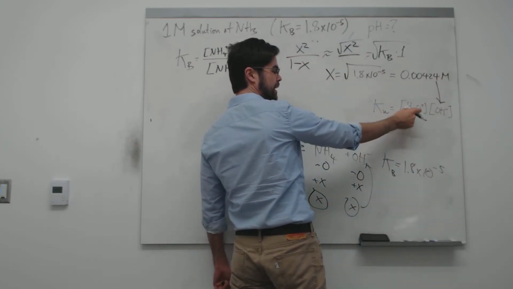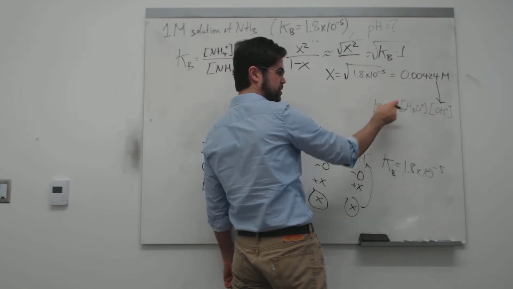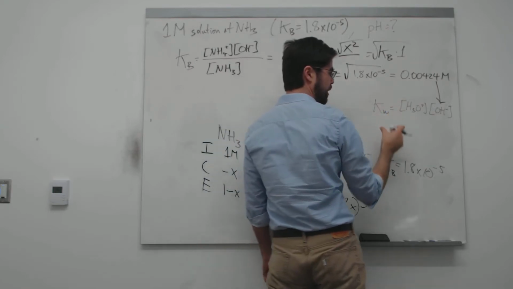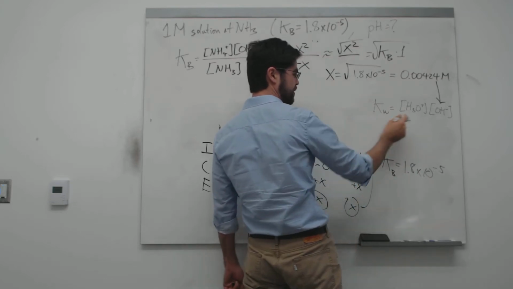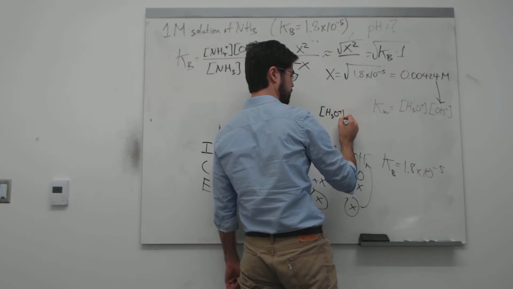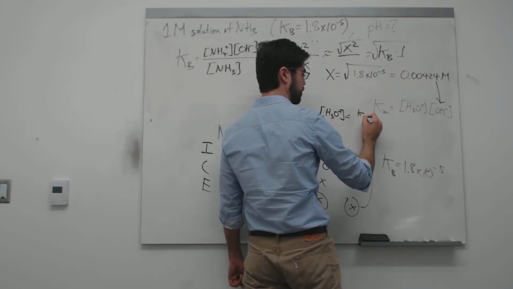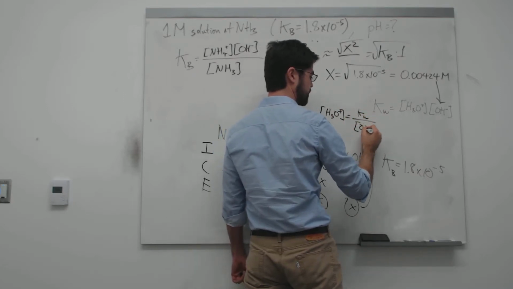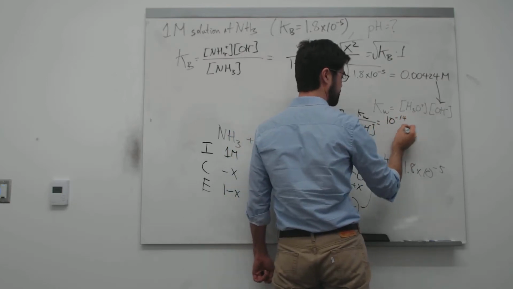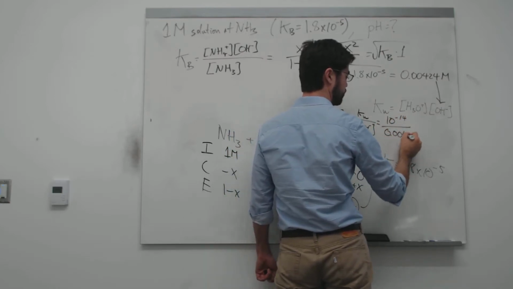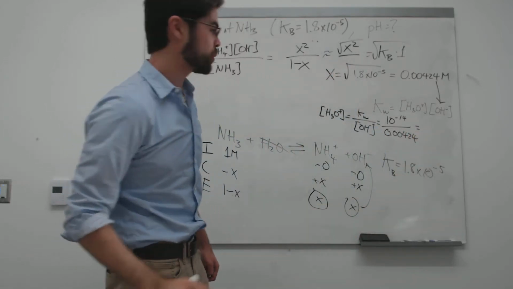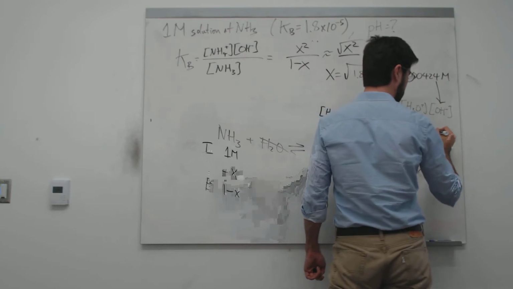I can calculate hydronium concentration using my knowledge of the autoprotolysis of water. So I have here that hydronium should be Kw over hydroxide. So that's 10 to the negative 14 over 0.00424. That value is 2.36 times 10 to the negative 12.